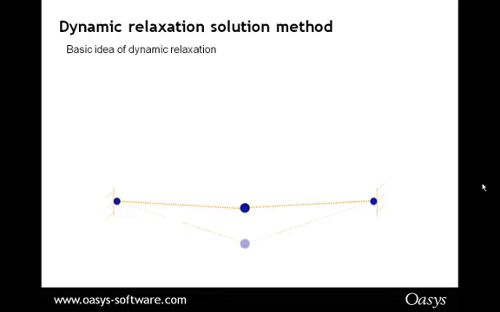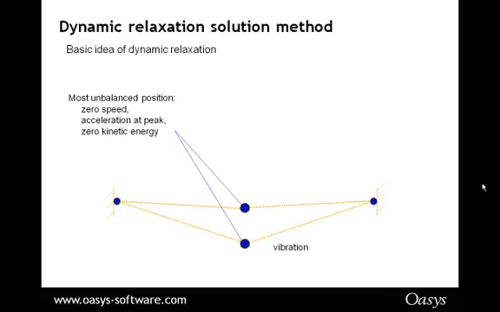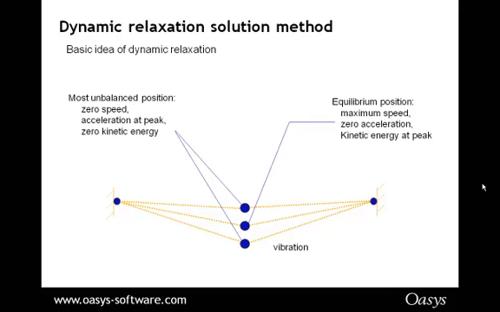If you imagine this structure, if it is moving around, there will be unbalanced positions where the various parts of the structure are stationary, but you've got maximum force on these nodes, maximum acceleration, and so no speed, no kinetic energy, but maximum acceleration. These are the unbalanced positions. Whereas what we're looking for is the equilibrium position, where you've got zero acceleration, zero residual force on the elements, but they will be traveling at maximum speed and have maximum kinetic energy.